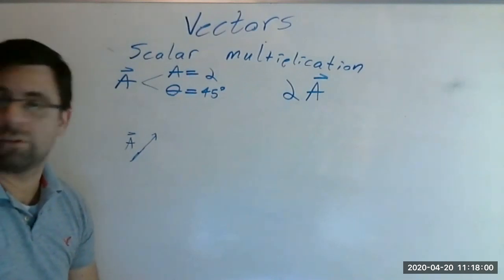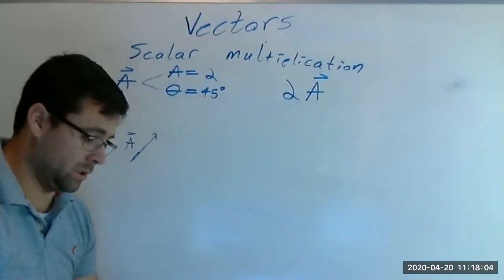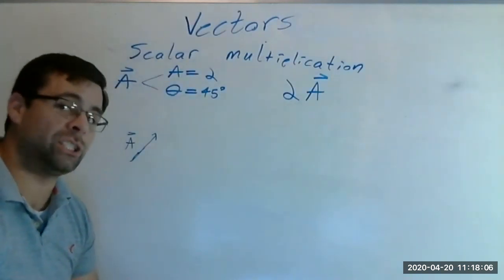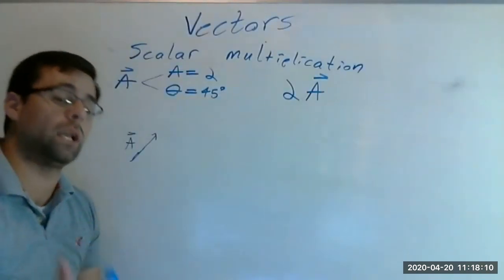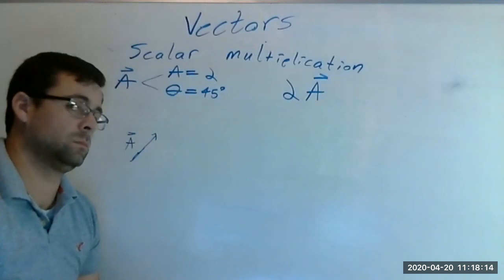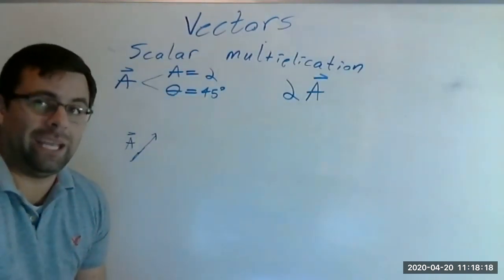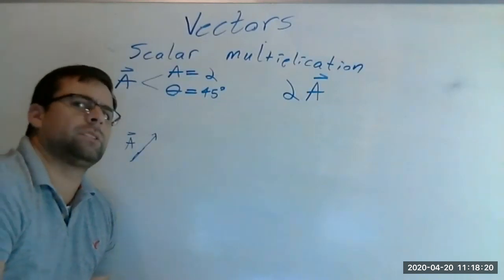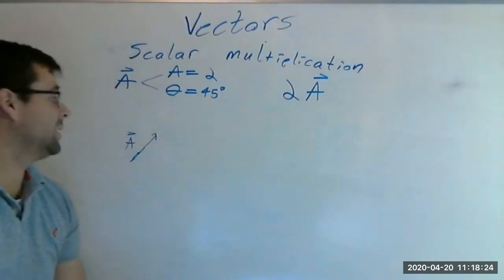First of all, what is multiplication? Repeated addition. So 2A is also 2 times A, but what else is it? A plus A.